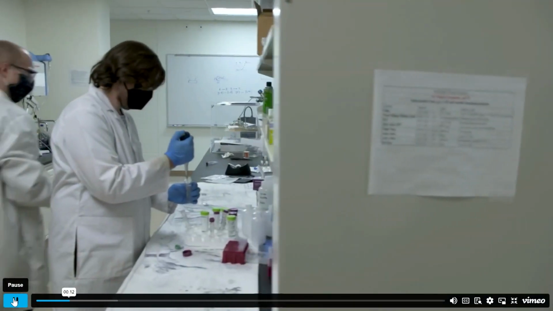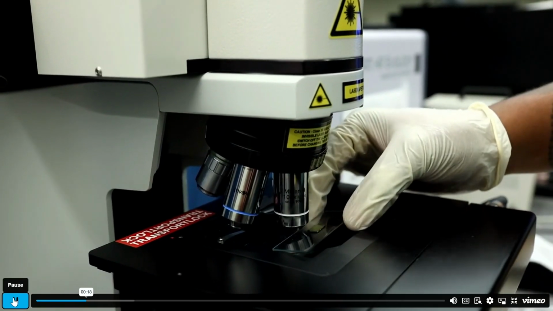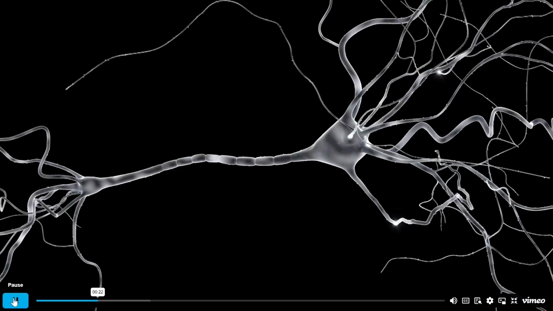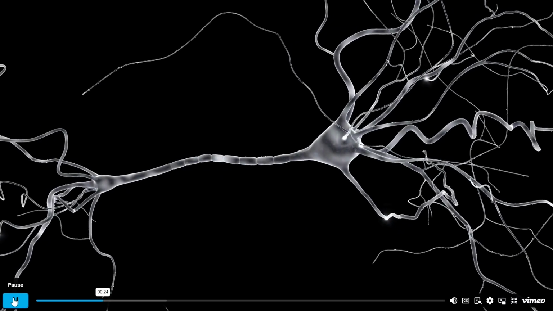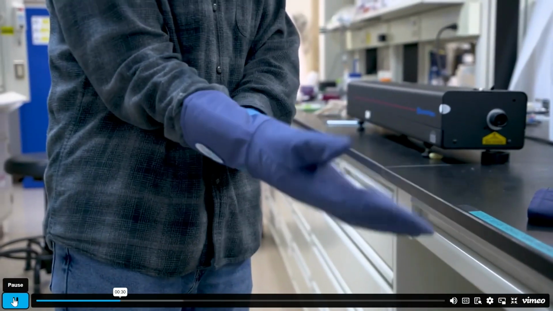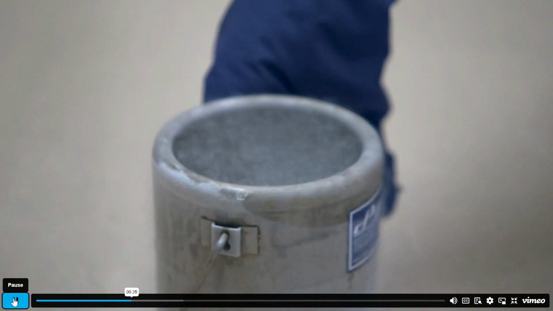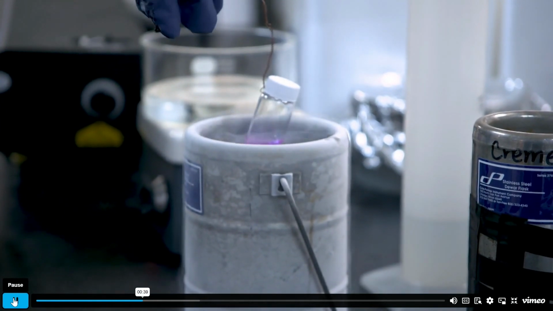What gets me excited about science is the absolutely incredible things that scientists are doing. They can look at one brain cell and they can look at the nerve impulse as it travels through a single neuron. It's just incredible. Fundamental science is important because it has to come before applied science. We need to know the fundamentals of what's happening before we can start to apply that to larger systems and more applicable systems.